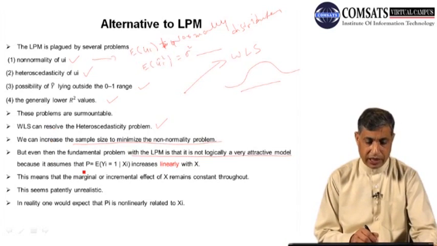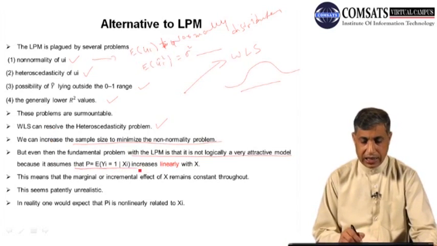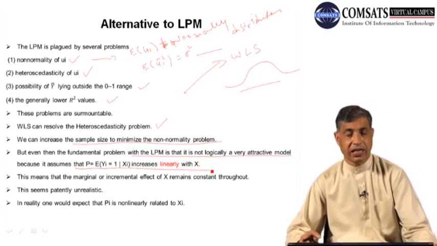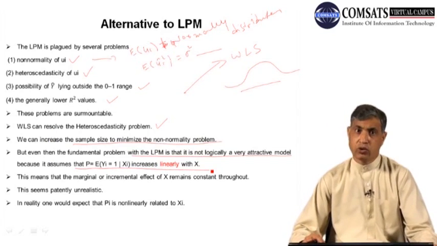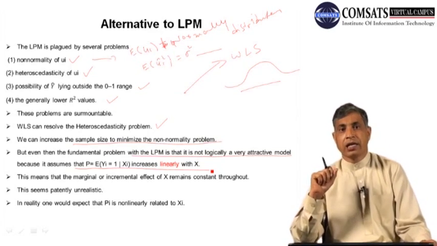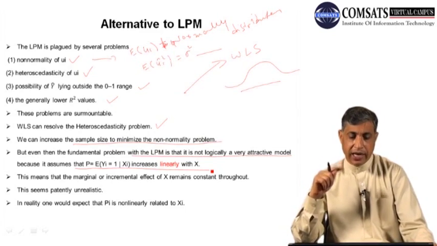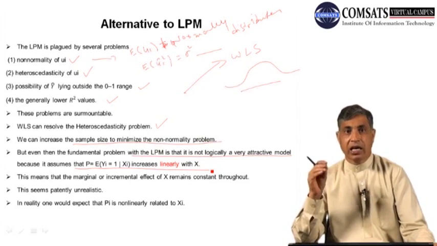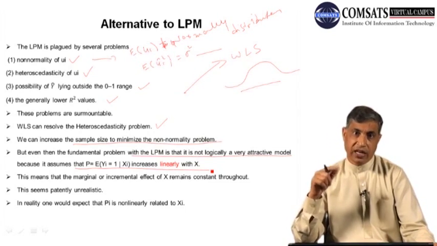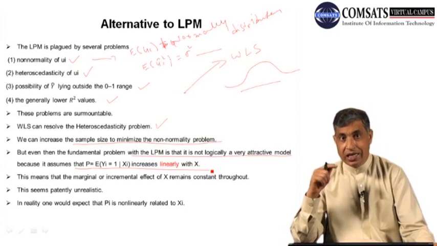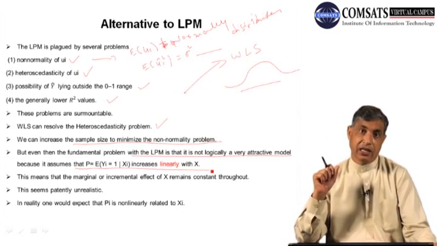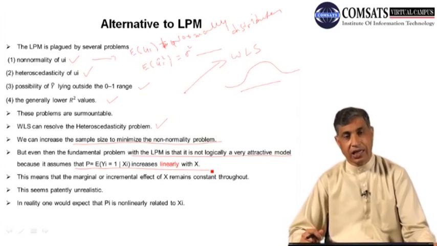The theory says that although we can control many of the problems of the LPM, still it is not an attractive method. Why is it not attractive? Because it assumes that the probability increases linearly with Xi. This is a weak assumption: the linear probability model assumes that the probability, or the expected value of Yi given Xi, increases linearly with Xi.